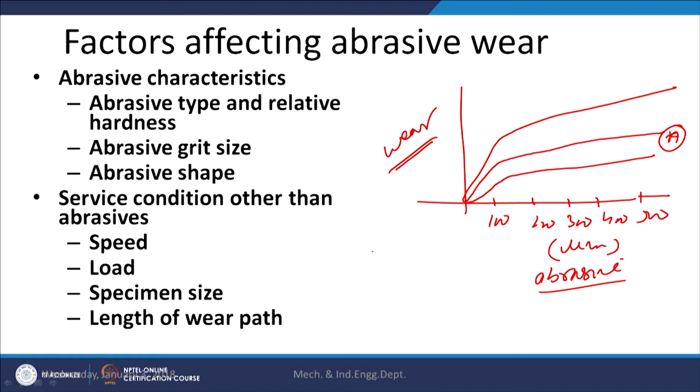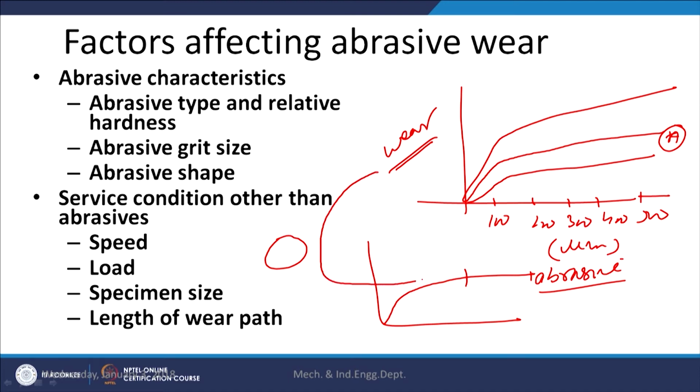So, after the initial fast increase there may be flattening, wherein the larger size abrasives may not be able to increase the wear further, but wear will keep on taking place at a particular rate only. What is the reason behind this? When the abrasive size is small, it has less tendency to get fractured as compared to when the abrasive particle size is large. Large abrasive particles will start getting fractured.